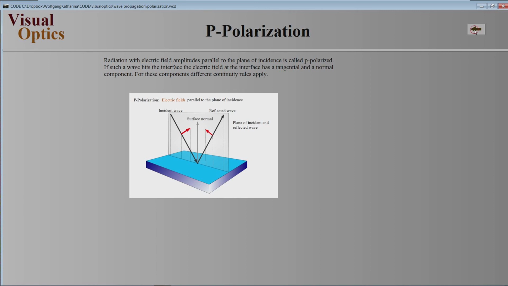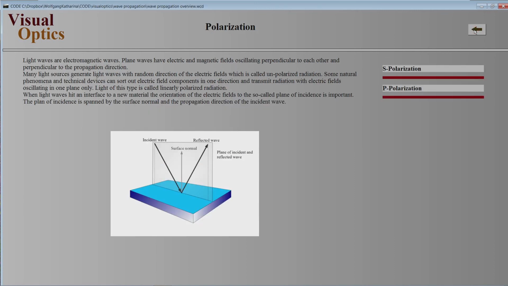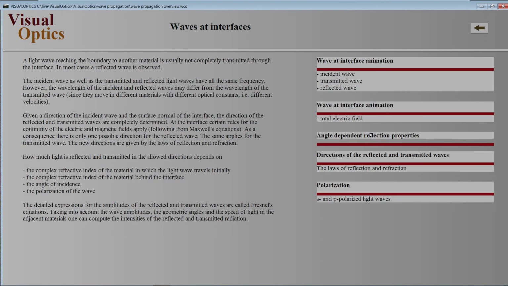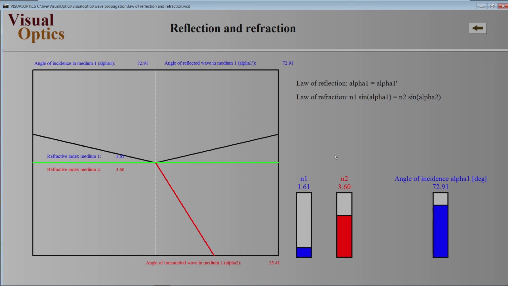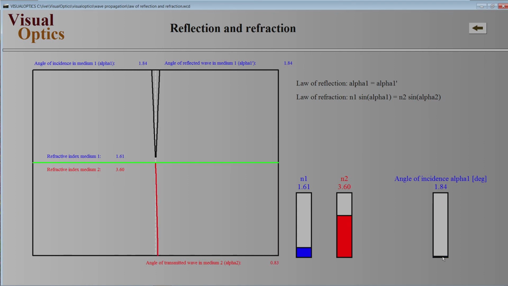Good. Let's take a closer look at the directions of the reflected and transmitted waves. And here, let me prepare this. I have prepared a sketch where light enters from a top material which has a refractive index 1.